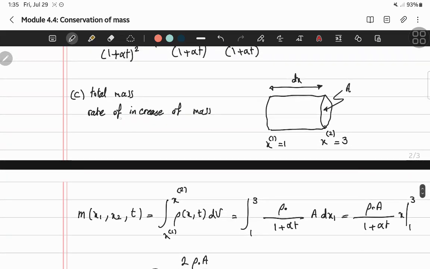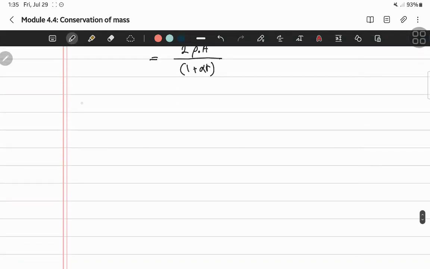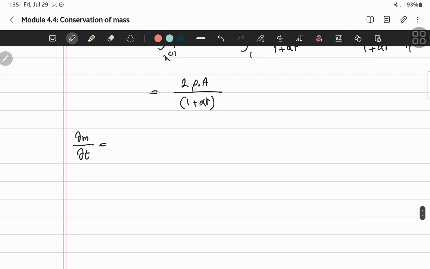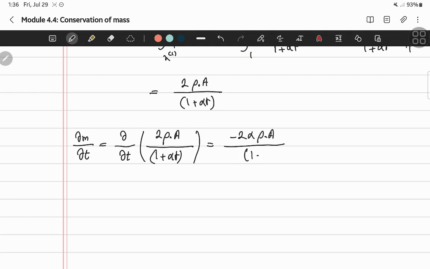So next we have the rate of increase of mass. The rate of increase of mass is dm with respect to t, which is basically the partial derivative of this, 2 rho 0 A divided by 1 plus alpha t. So this is equal to minus 2 alpha rho 0 A divided by 1 plus alpha t squared.